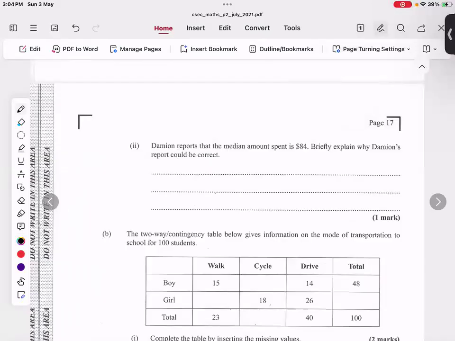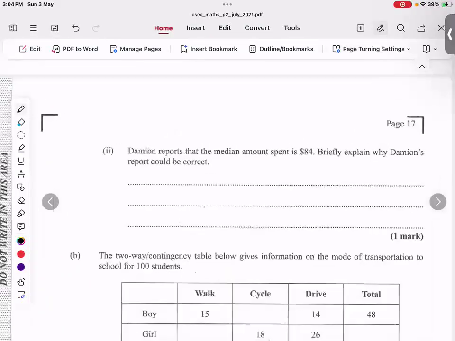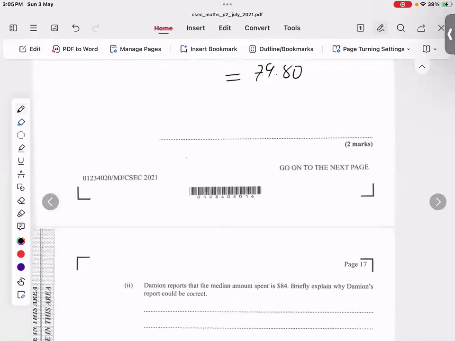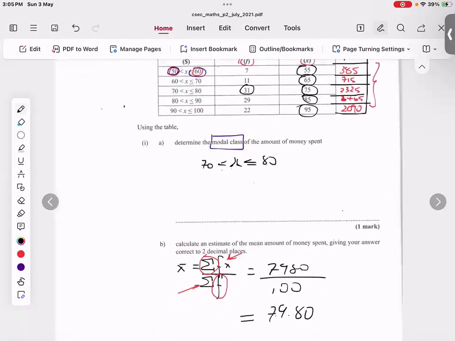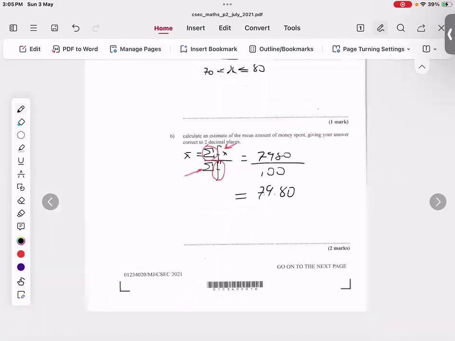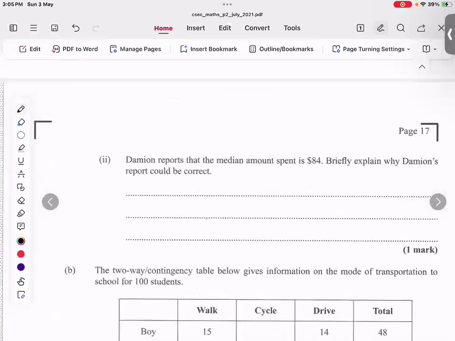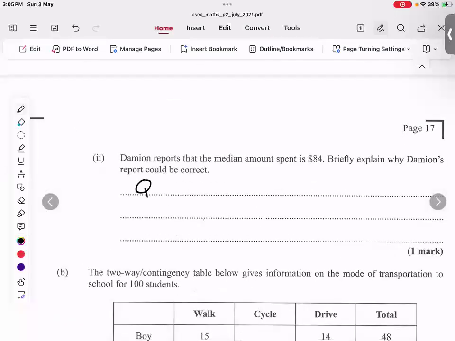Damien reports that the median amount spent is 84. Briefly explain why Damien's report could be correct. Could be. So let us find out what the median is first. We know the symbol for median is Q2.